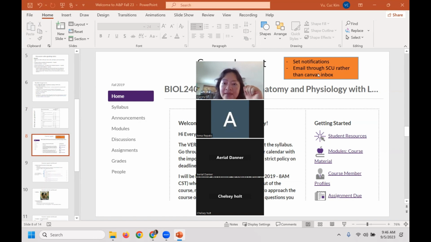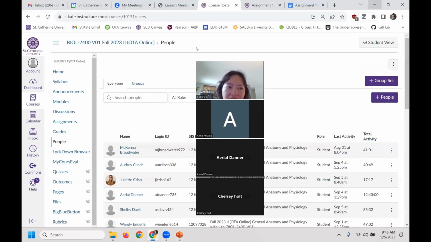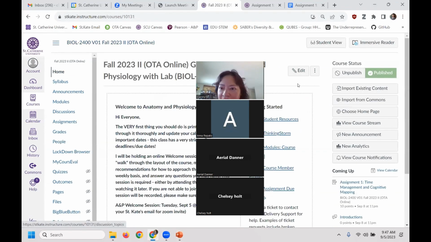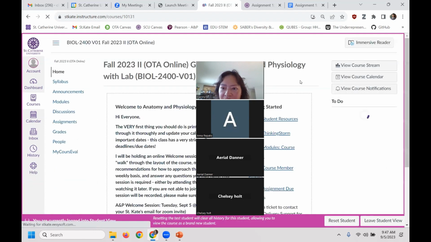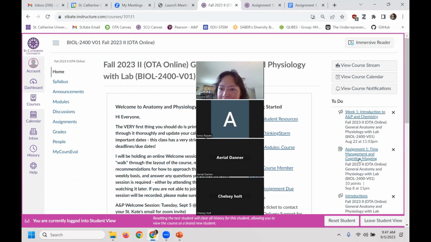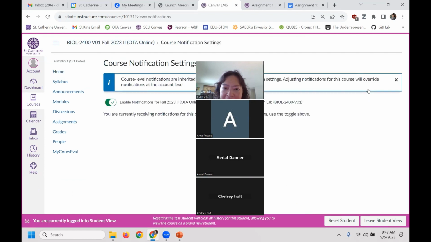Kate's email. Okay. Oh, but let me show you how the notification works. It's really cool. So let's go home. Where's the notification? I think it's in settings. Student view. Let's see what it looks like. Here, view course notifications. Okay, oh, that's not it.